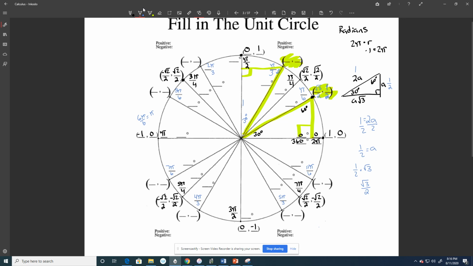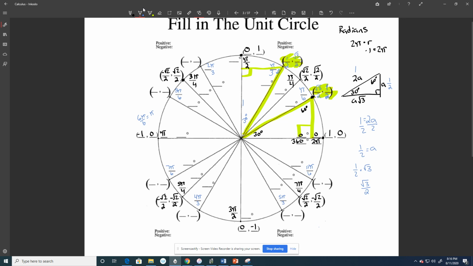So my 30-degree side, this distance, is now my x value. So my y value just became my x value. So up here, this becomes 1/2. And my y value, this distance right here, is the same as my x value that I already found, which was root 3 over 2.